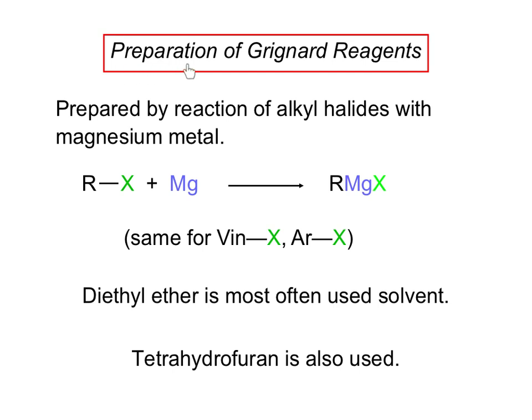We make Grignard reagents by reacting an alkyl halide or a carbon-based halide with magnesium. And as I said before, the magnesium ends up inserting itself in the carbon-halogen bond. And so you end up then with the Grignard reagent or a carbon-based magnesium halide complex. This reaction is incredibly flexible.